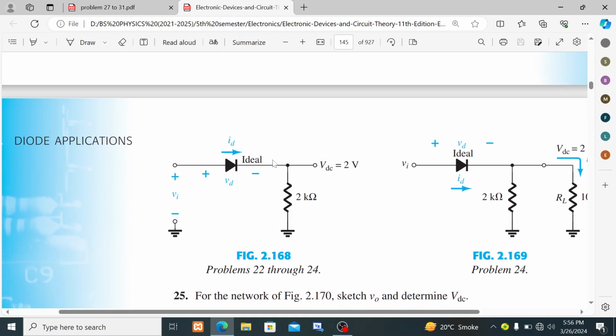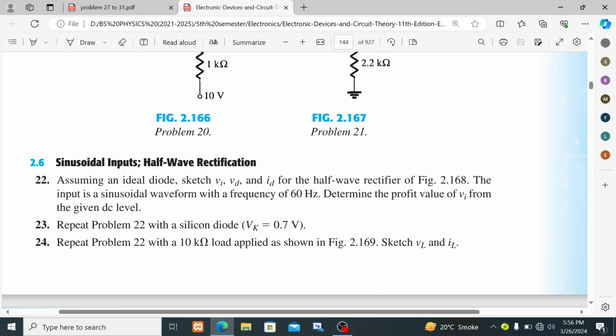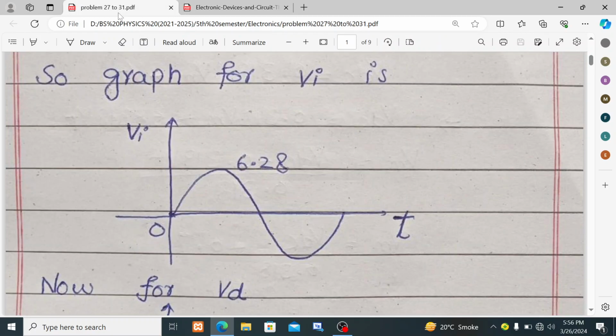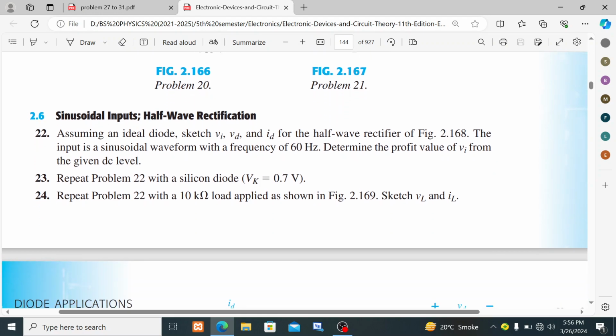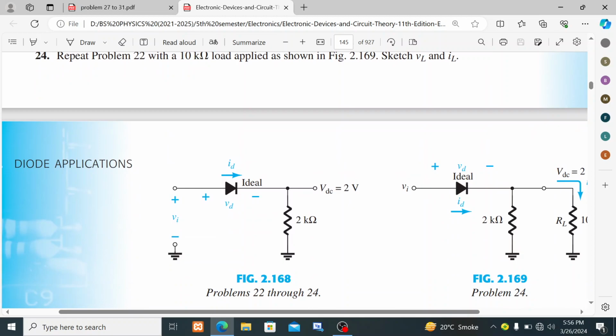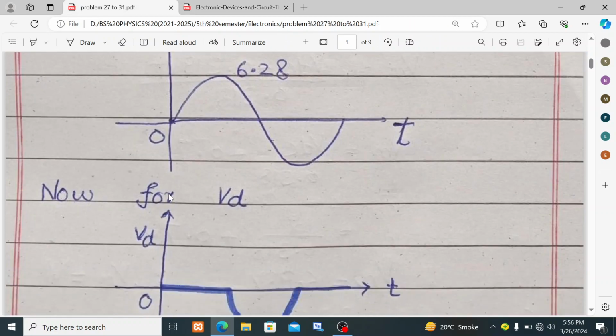Now according to the problem, the second thing that we find is VD from the figure, and it is given that the diode is ideal. So when the diode is forward biased, the voltage drop across the diode is 0. VD is equal to 0 for the positive cycle.